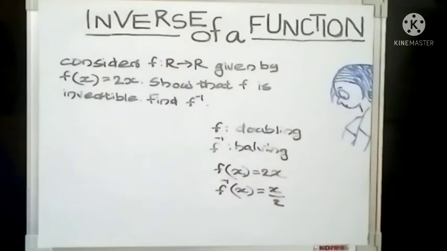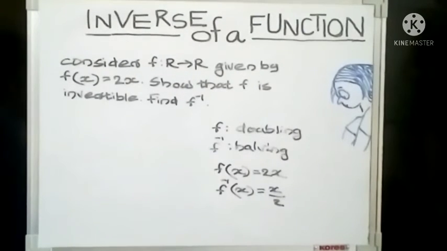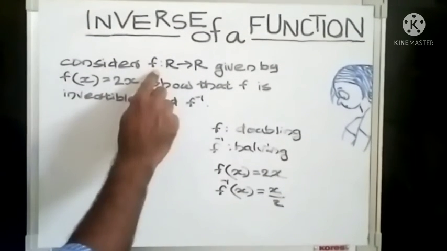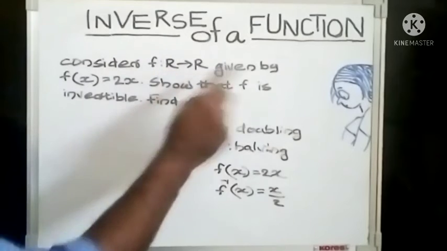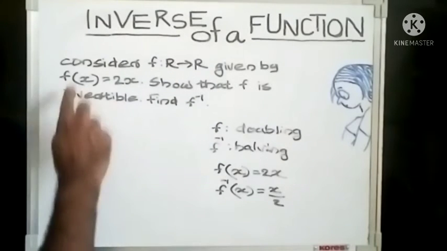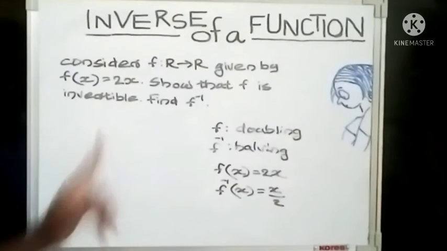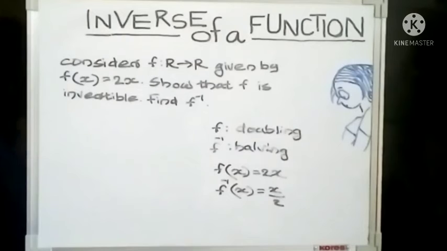We can represent it simply, but in a question paper or a mathematics textbook, the same question appears as: consider f defined from real numbers to real numbers given by f of x equals 2x. Show that f is invertible. Invertible means inverse exists. Also find f inverse.